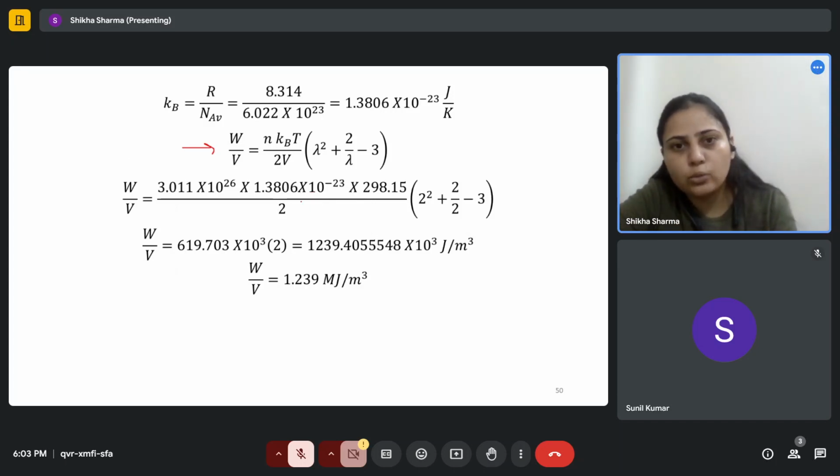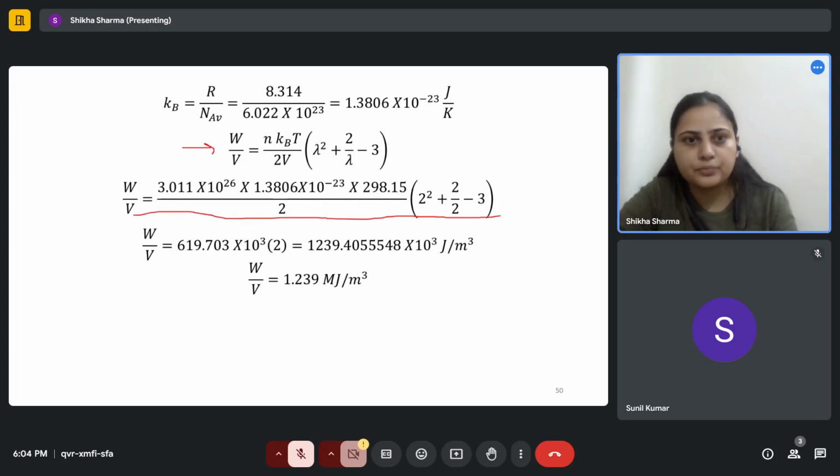Divide by 2, because N by V is 3.011 into 10 to the power 26, multiplied by lambda, which is 2, since we are increasing length twice from the original length, so 2 square plus 2 by 2 minus 3.